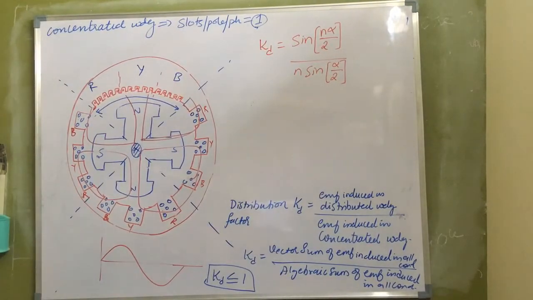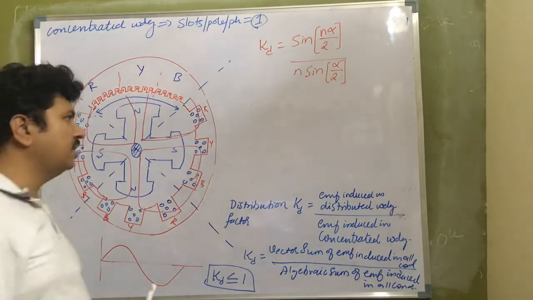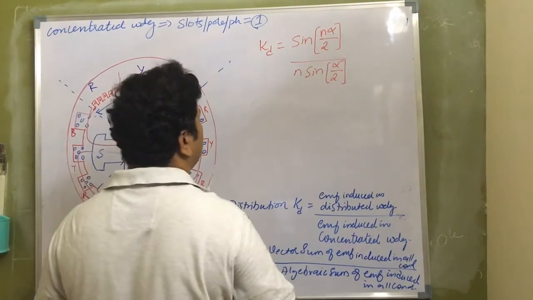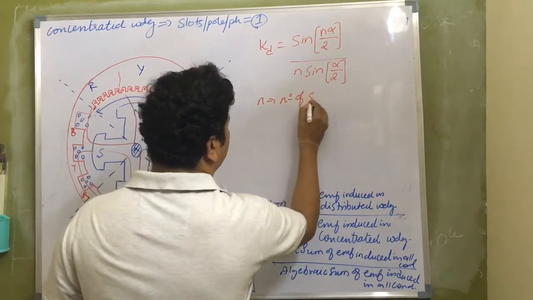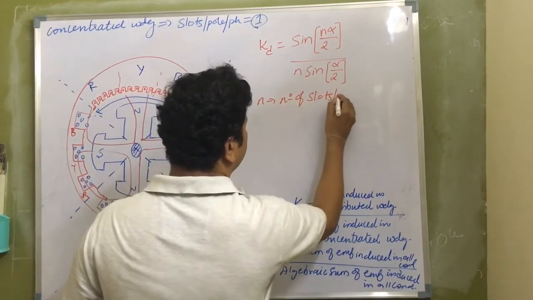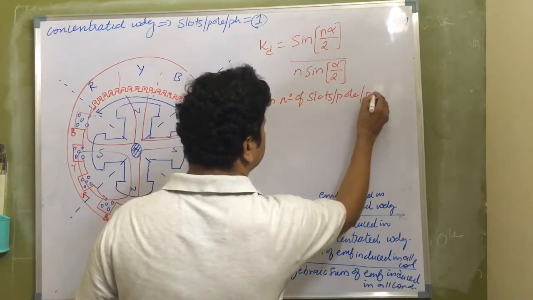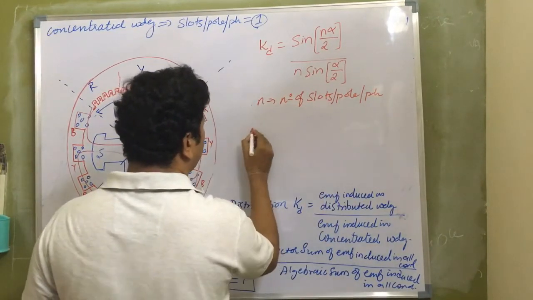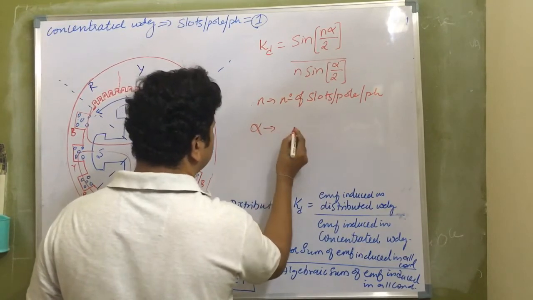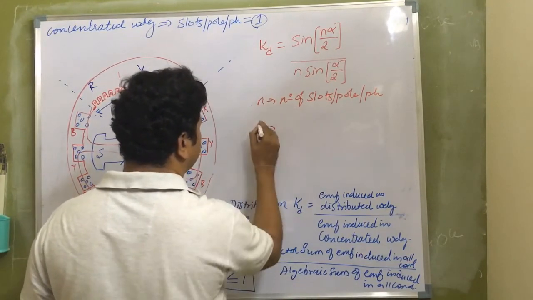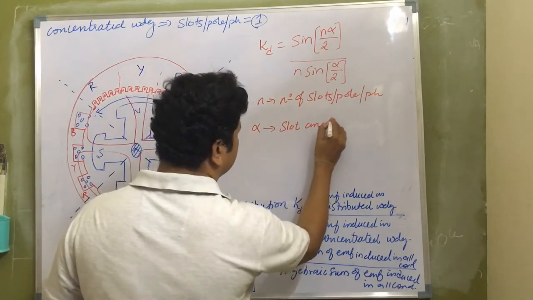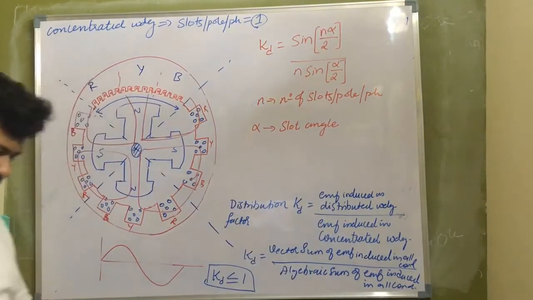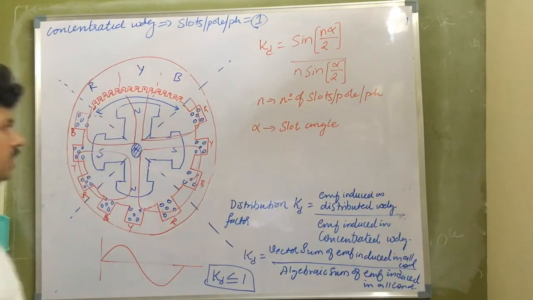Now what are n and alpha here? n is the number of slots per pole per phase. Alpha is the slot angle in degrees.